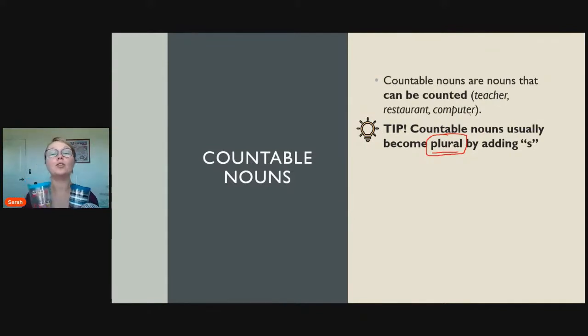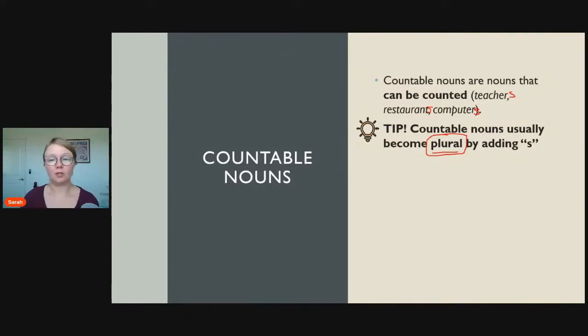Plural, I have 2 cups, more than 1, right? So countable nouns like cup usually become plural by adding s. For example, teacher would become teachers, restaurants, computers. This is one tip for knowing that nouns are countable.